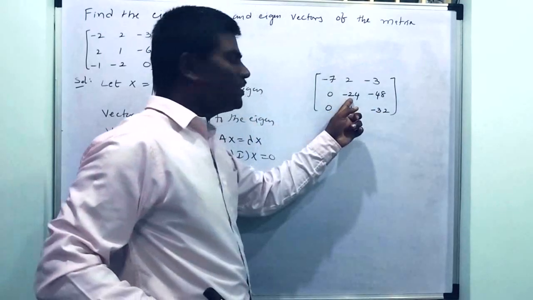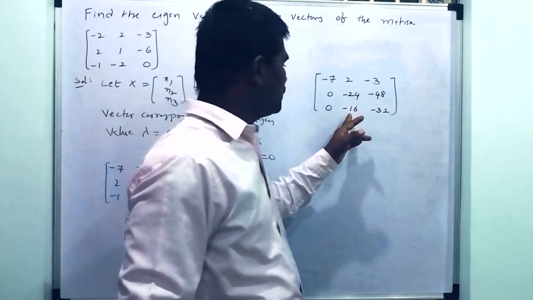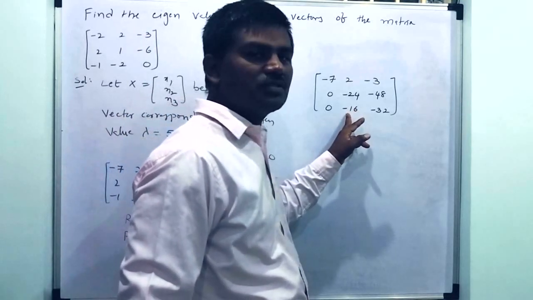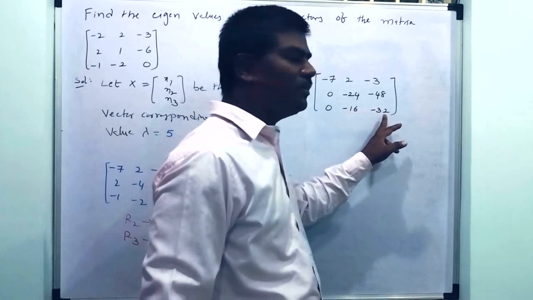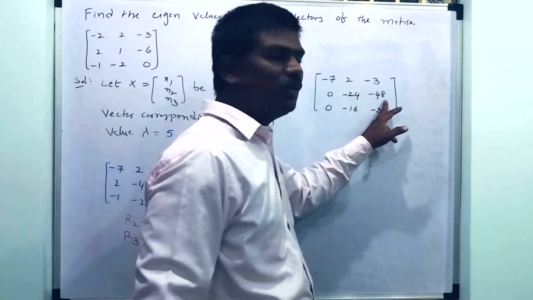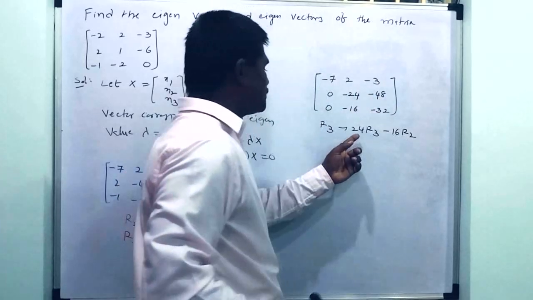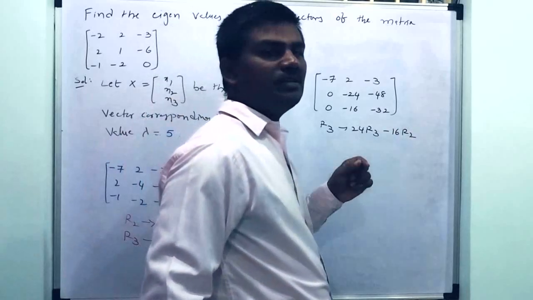Now use this element and make this one as 0. Here it is clear. If you divide it with minus 16, then this becomes 1, 2. And if you divide this one with minus 24, this is also 1, 2. So this row will become easily 0. R3 tends to 24R3 minus 16R2.